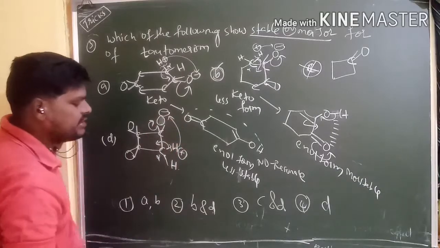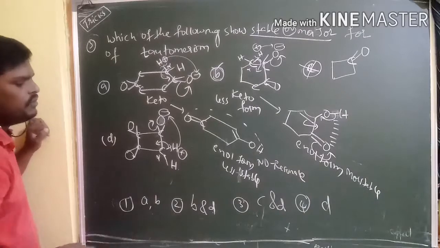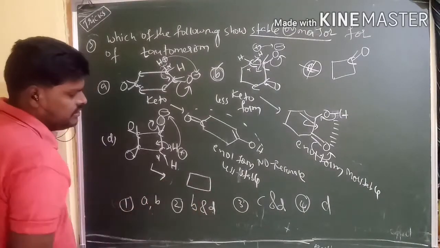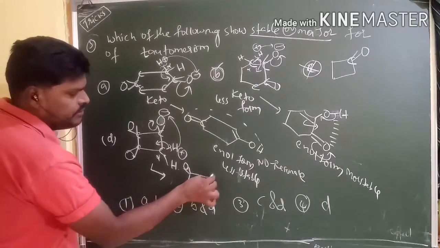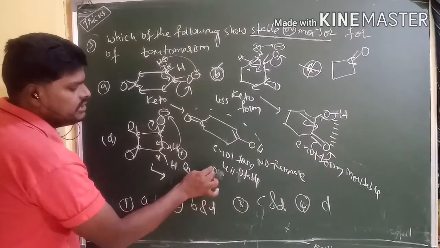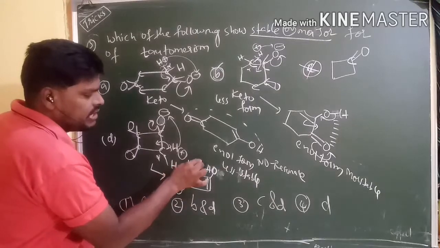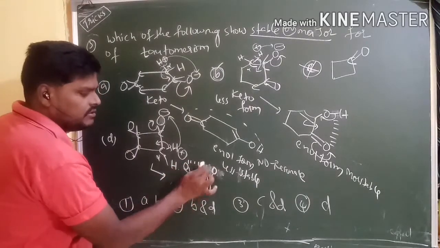This migrates towards oxygen. But the next step here, right? Keto, OH, and double bond. You know what here? Watch. Double bond. Here intramolecular hydrogen bonding is possible, and resonance is also possible. Why, sir?